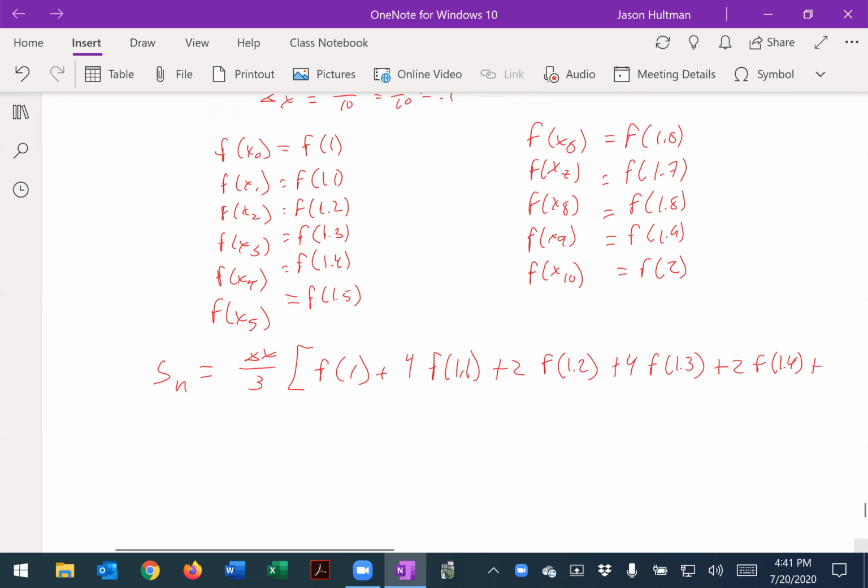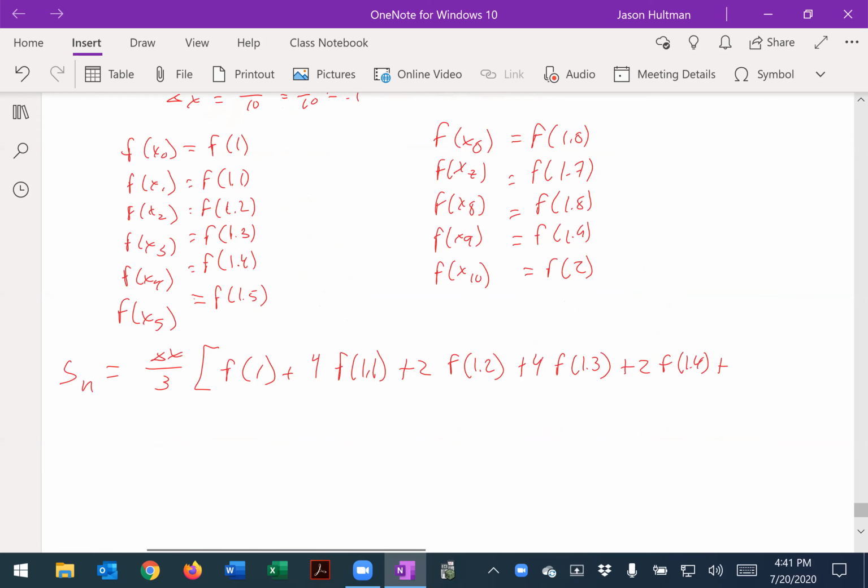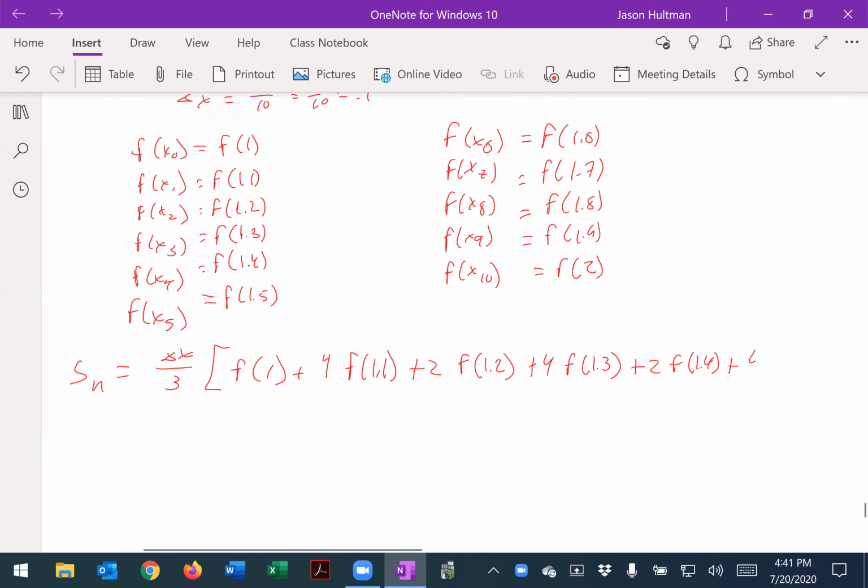Let me move this over. Then 4 times f of 1.5. Then a 2, f of 1.6. Then a 4, f of 1.7. Then a 2, f of 1.8. And then a 4.